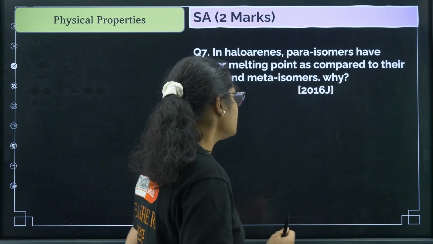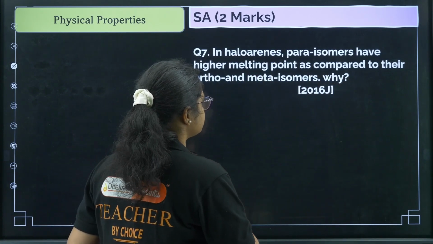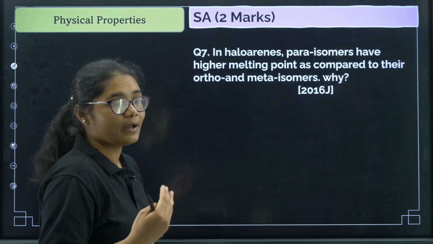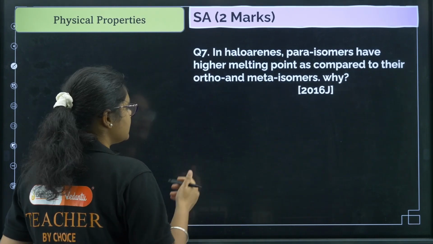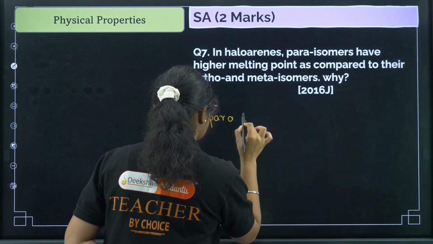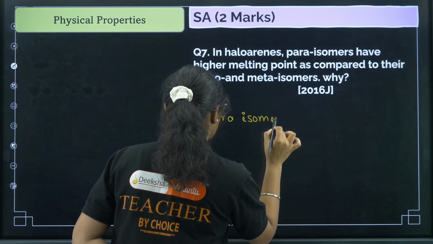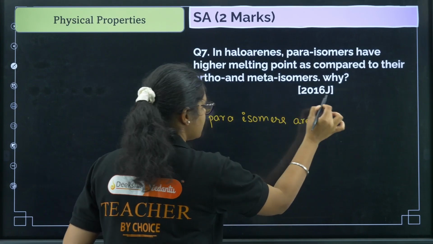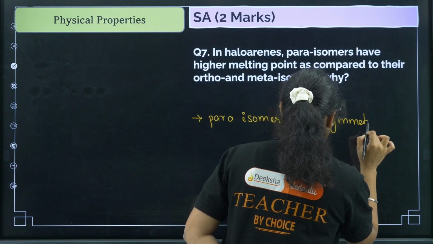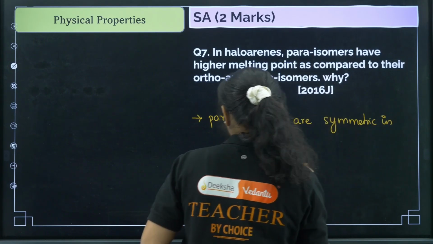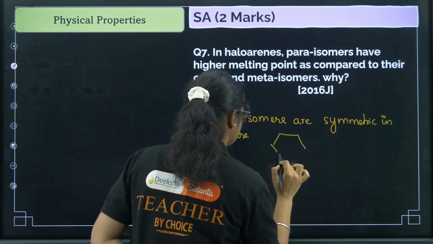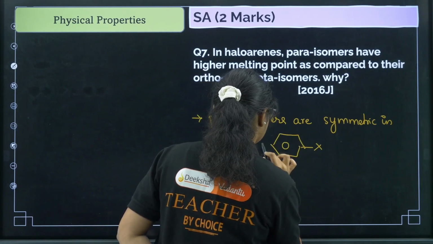So in physical properties, para isomers have higher melting point as compared to their ortho and meta isomers. The reason you can write down: first point, para isomers are symmetric in nature. Whenever you write a 2-mark question, try to write it in the form of points. You can just draw one para isomer like this.